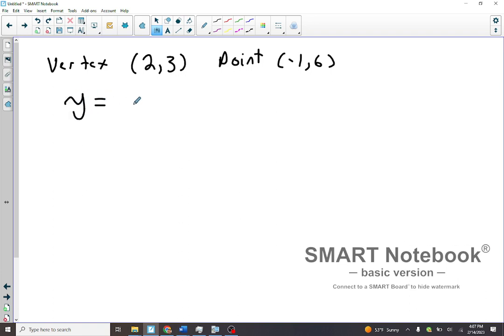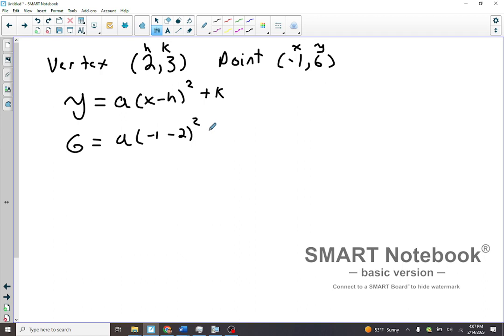The generic vertex form is y equals a(x minus h) squared plus k. Because we have a specific point, this will work as our x and y, and the vertex gives h and k. Which means when I plug in the numbers, it's 6 equals, I don't know what a value is yet, (-1 minus 2) squared plus 3.